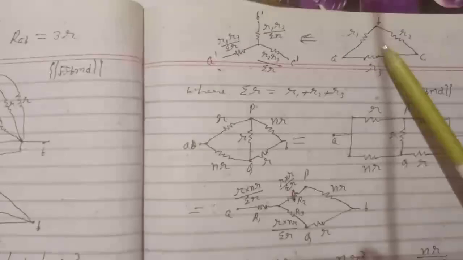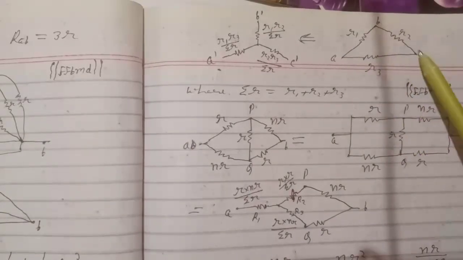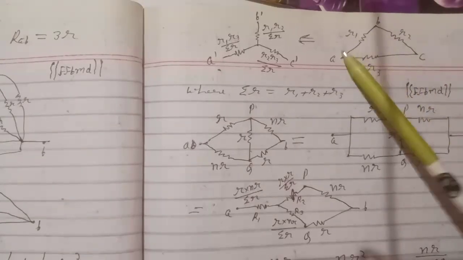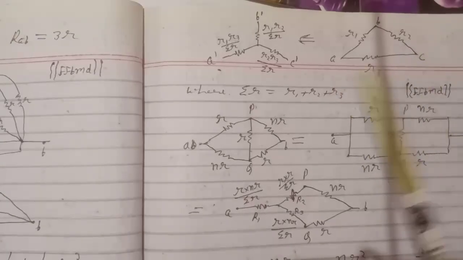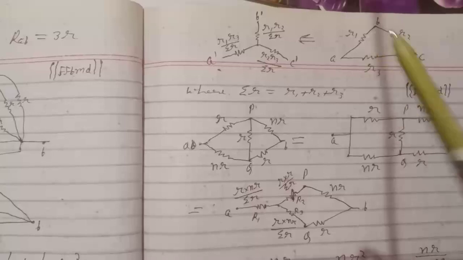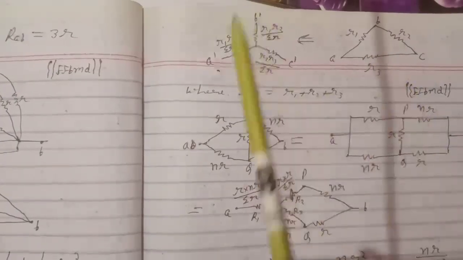From the figure it is clear that there are 3 points A, B, C. Between points A and B there is a resistance R1, between B and C there is a resistance R2, and between C and A, R3. Now this circuit can be transformed into a different circuit as shown here.